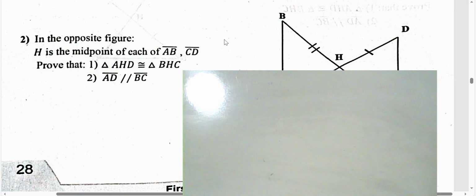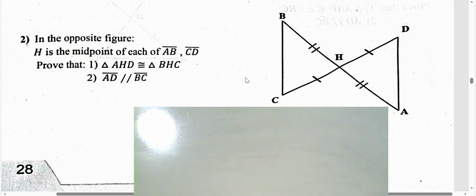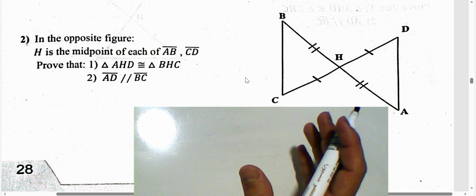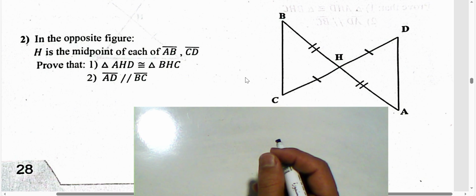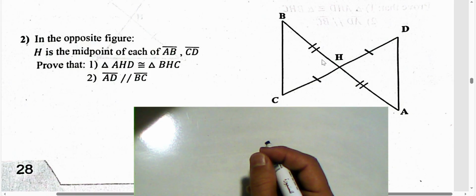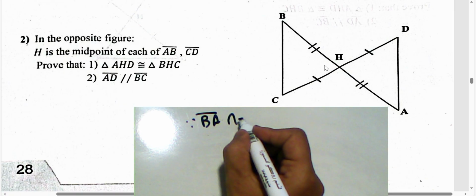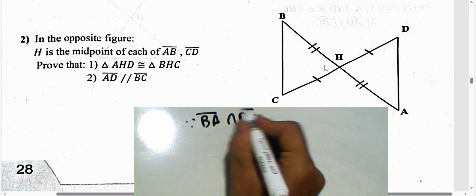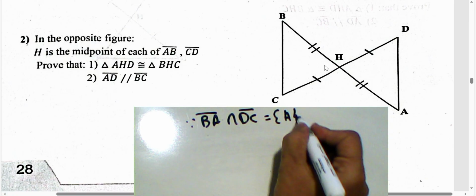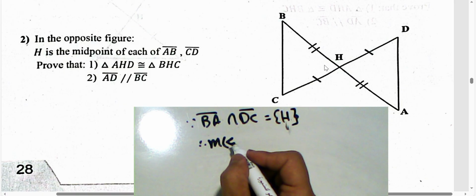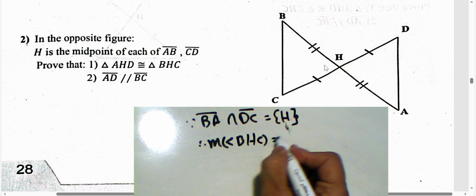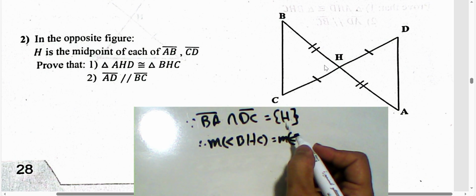Next question. We want to prove that the two triangles here are congruent. First, we have two straight lines that intersect at a point. Then we have here the condition about vertical opposite angles. This angle at H is equivalent to this one, we call them vertical opposite angles. Okay, we can write such that PA intersects with BC or DC at the point H. Then the measure of angle BHC is equivalent to the measure of angle AHD.